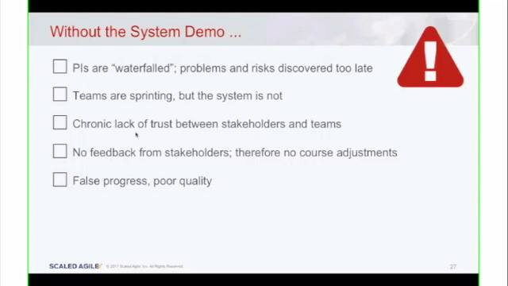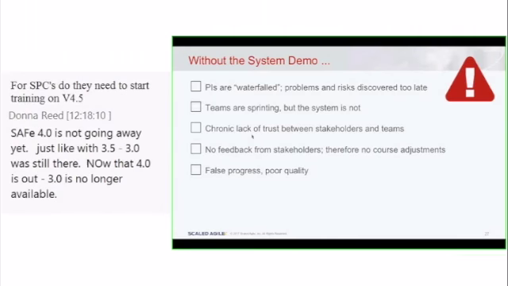So what we want to do is have those milestones within the PIs so that teams are demonstrating their work at the end of every iteration. They demonstrate the team's work at the end of each iteration, and then they check in their work and build a solution that they deploy to staging.